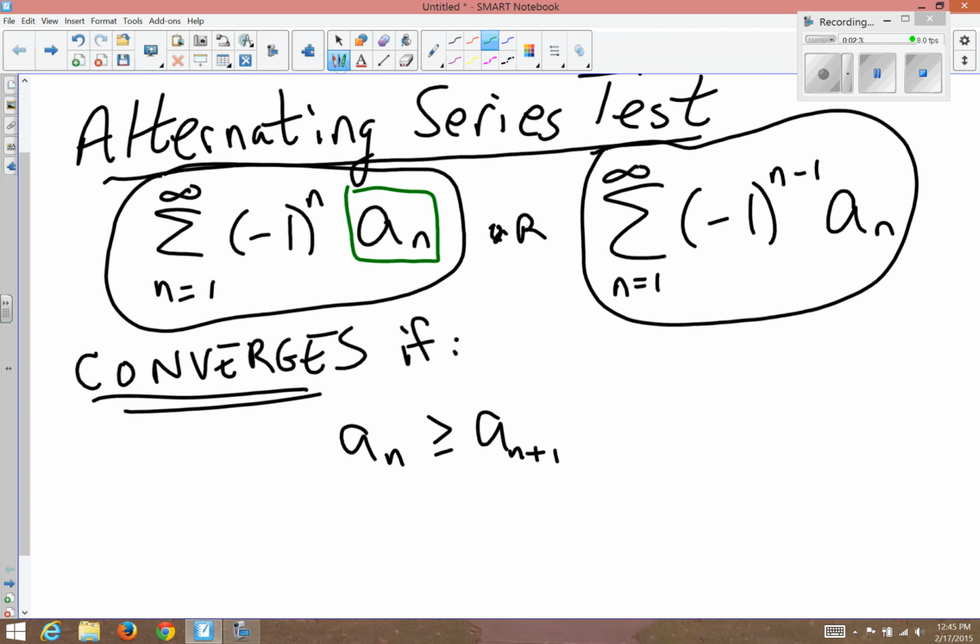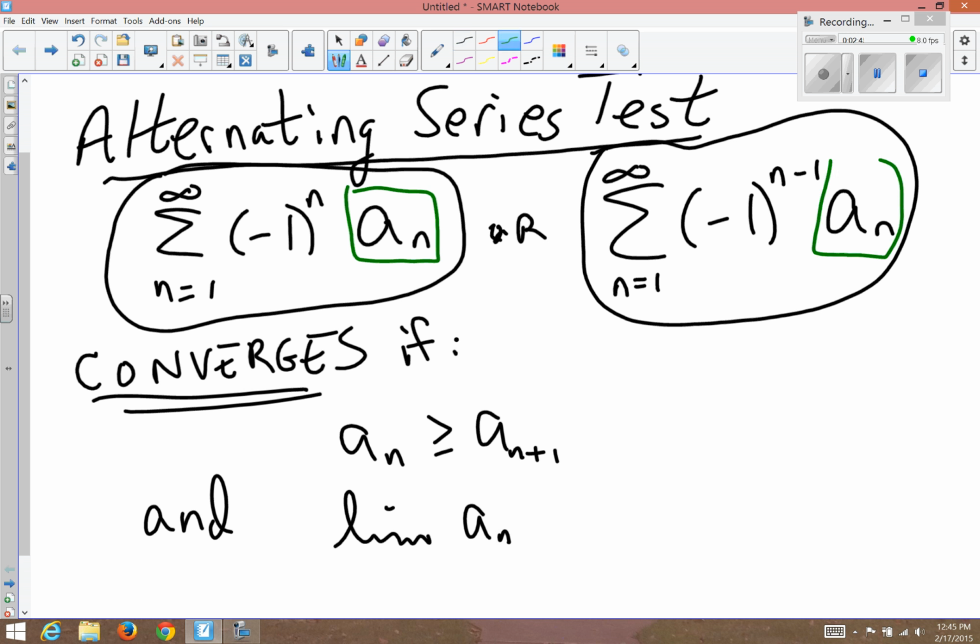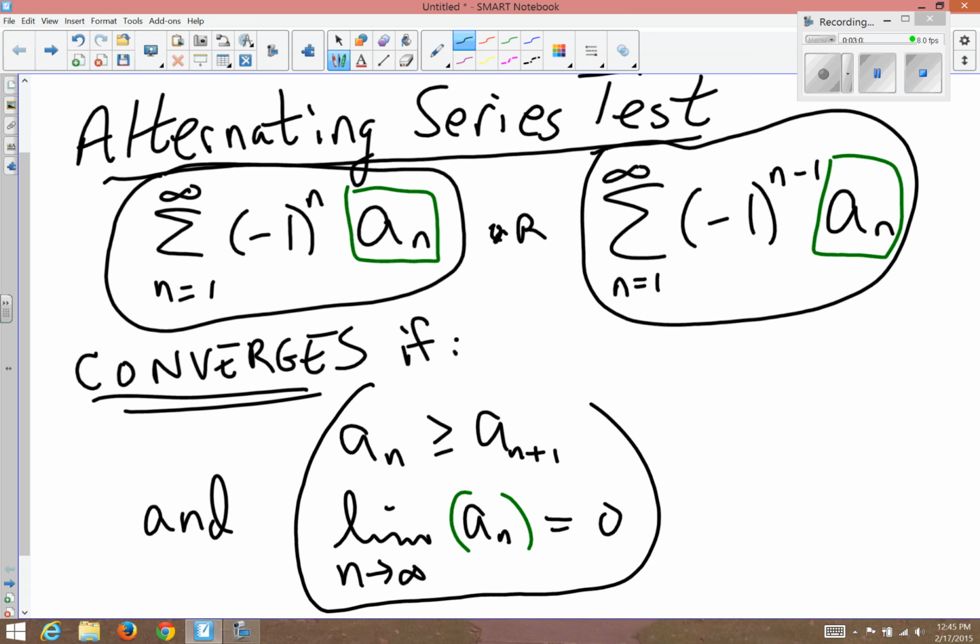And the limit of a sub n, that's just what has the green box around it, as n approaches infinity, is equal to 0. If we can demonstrate that both of these are true, we can say the alternating series converges.